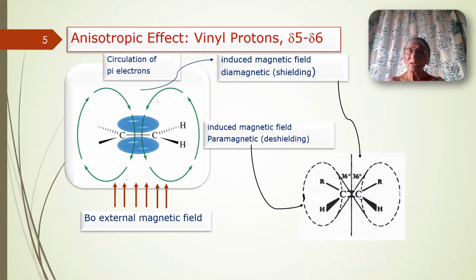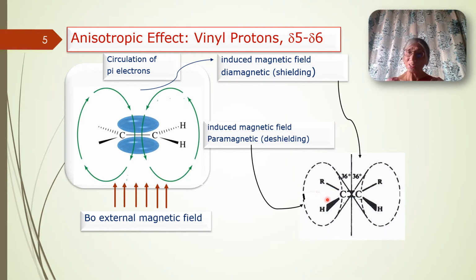The secondary magnetic field which is generated forms a cone with respect to the central axis. The area under the cone represents the paramagnetic area, and the area outside the cone, that is the 36-degree angle, represents the diamagnetic area.